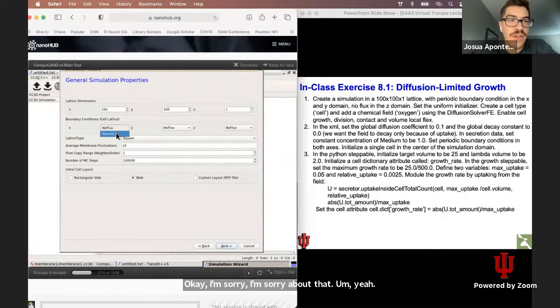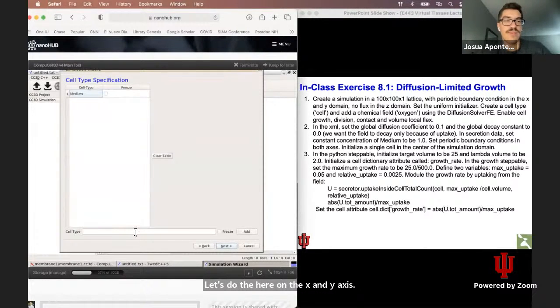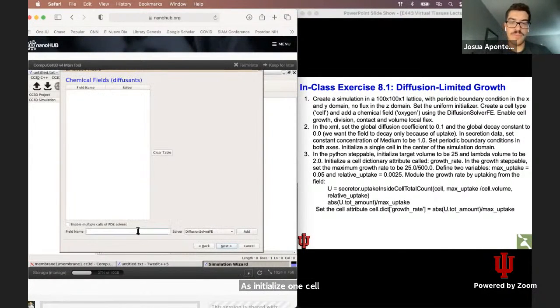Let's make it periodic here on the X and Y axes, with no flux in the Z axis. Let's initialize one cell type and one field, using the diffusion solver FE.